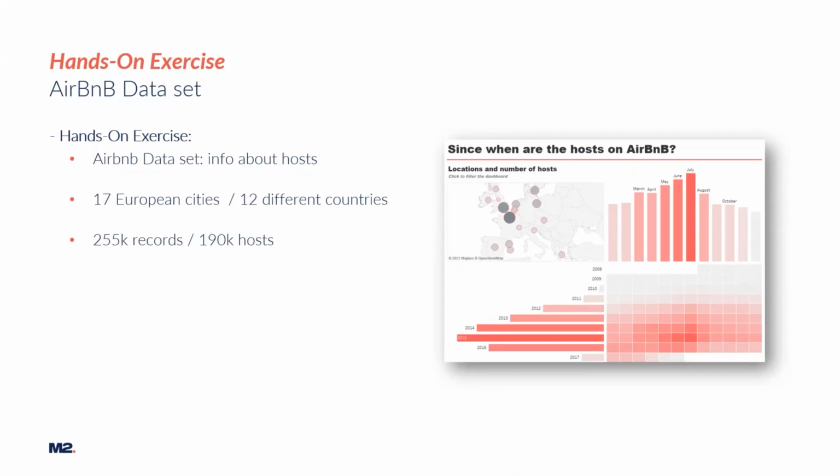It's an online platform. And today we are going to be working with the data set. This data set has some European cities, 12 different countries, and some hosts. And this on the right side is the dashboard you all are going to build today with me.